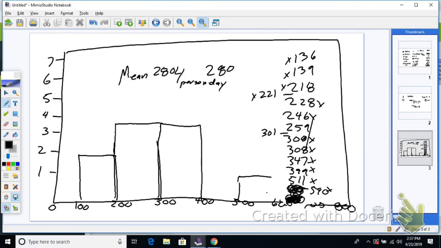It says the average usage per person per day, number 8, is 370 liters. We're under the average. So our mean is under the average. Our median is still under the 370.